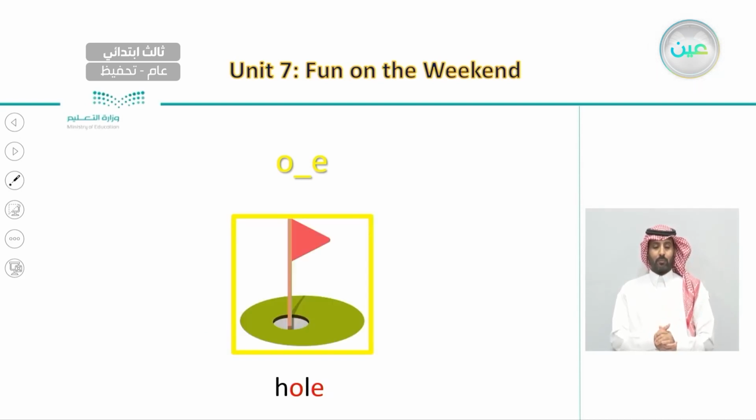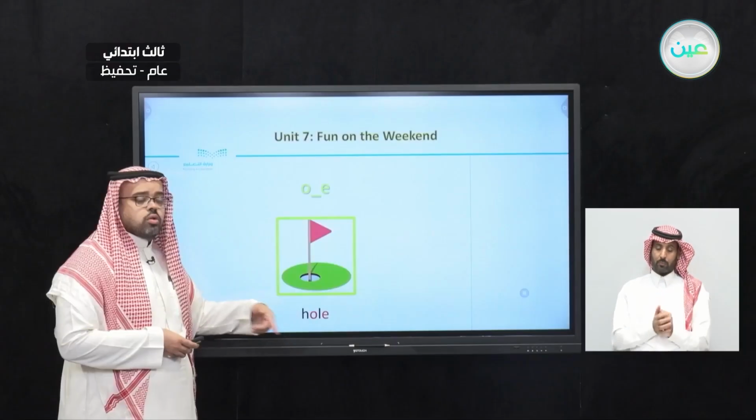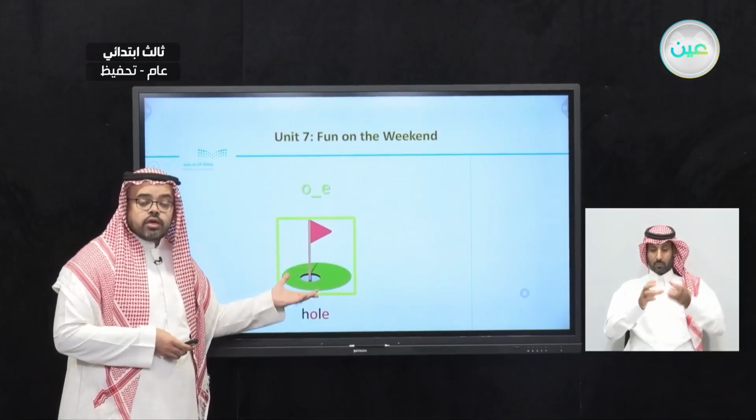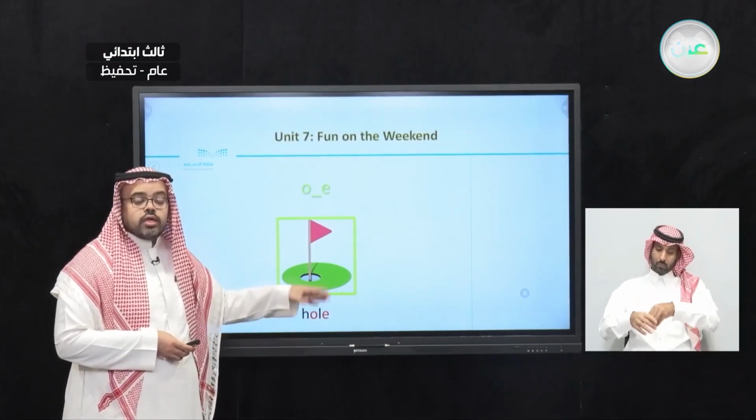And even the other word from the OE group, which is the word whole. Say with me. Whole. Hole is, as you can see here, a hole where people who play golf can put the ball in.